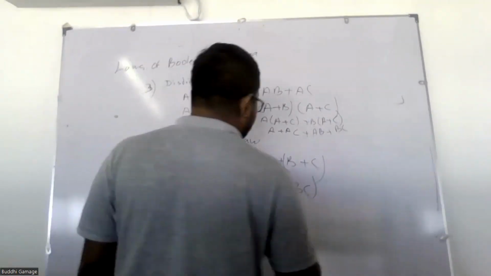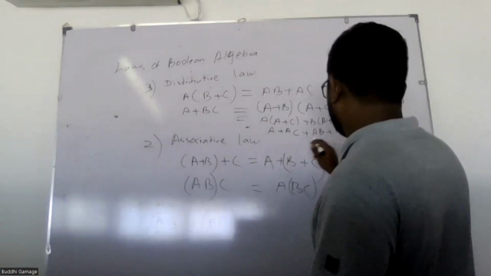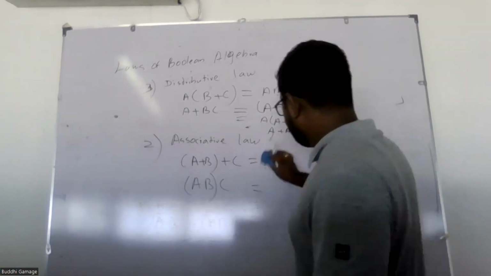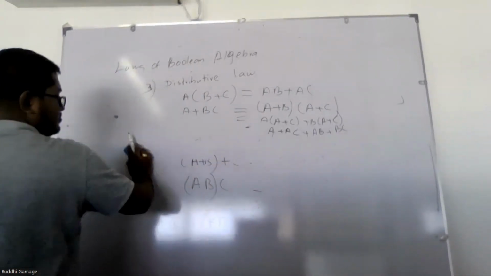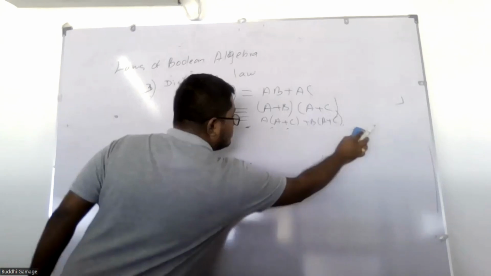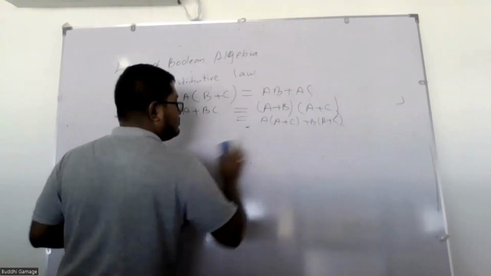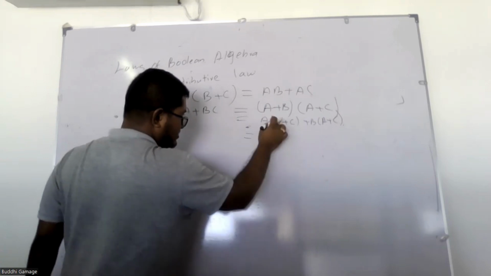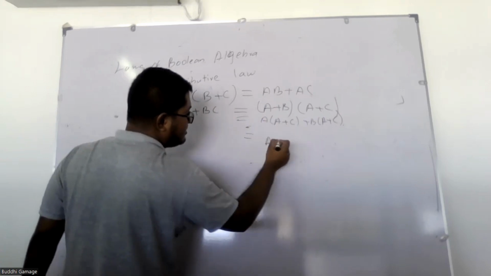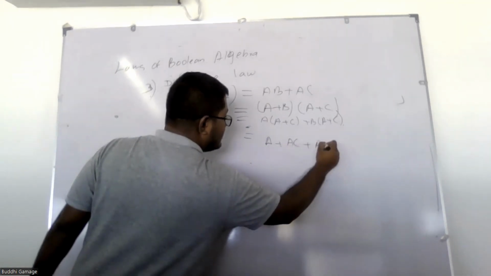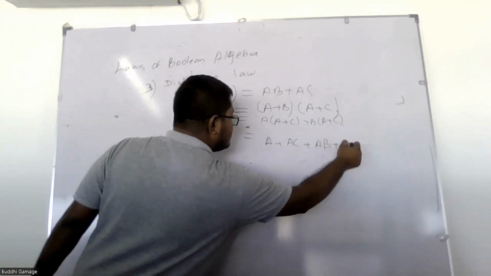And what we can do is take this part. Here, what is the output? This is A into A. That means A plus AC plus AB plus BC.